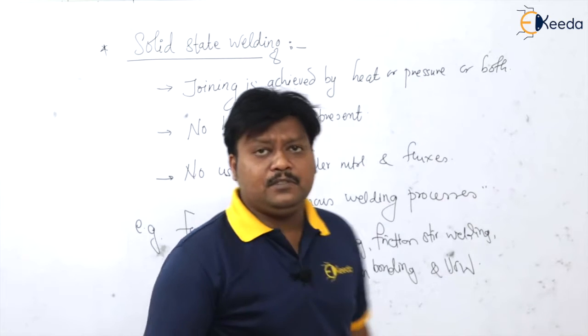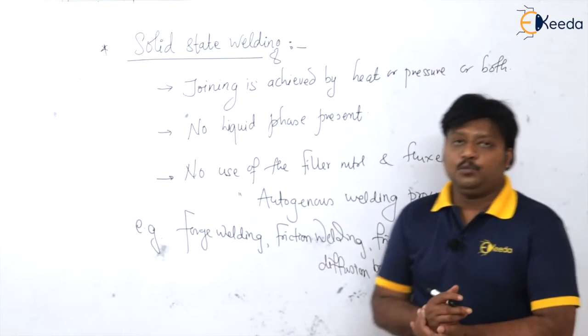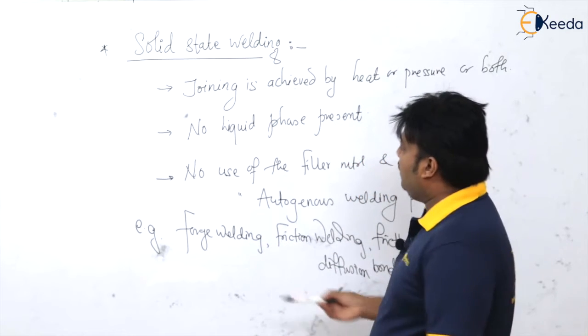So these are the examples of solid state joining or welding processes. Let us see these processes one by one.